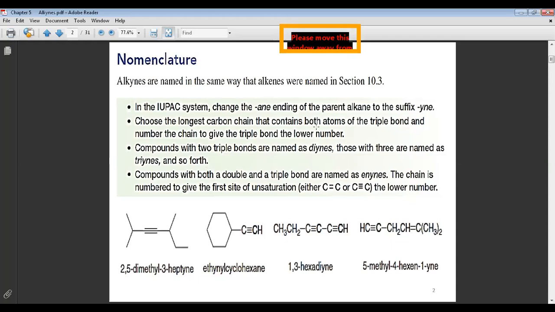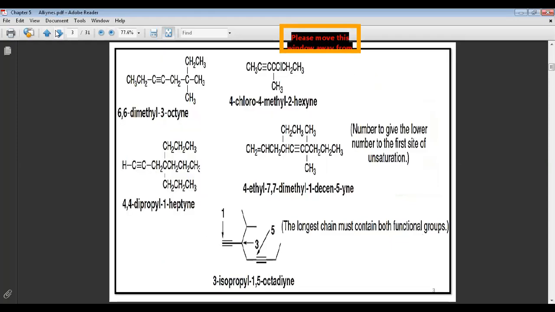No, I will give you one on the next slide. Like this. That means we have an alkene with an alkyne. Enynes.